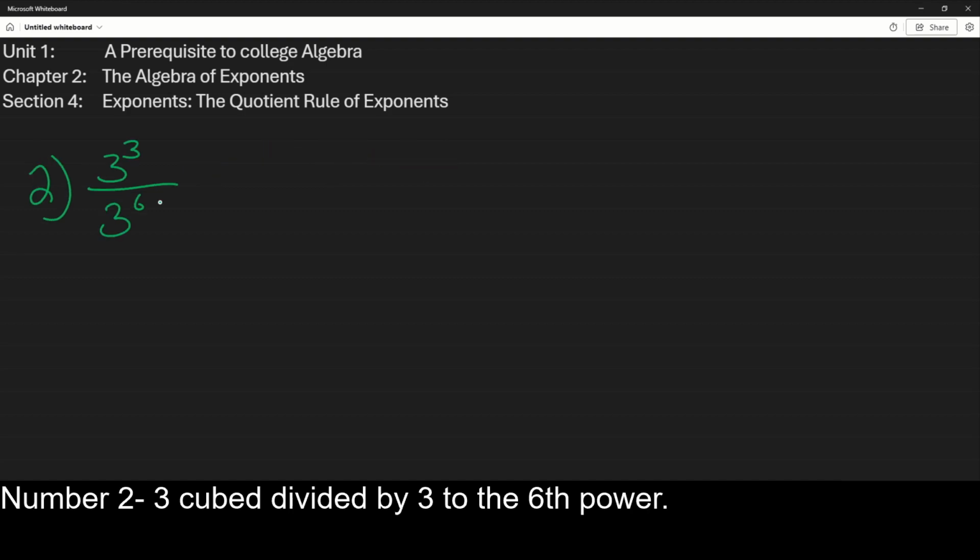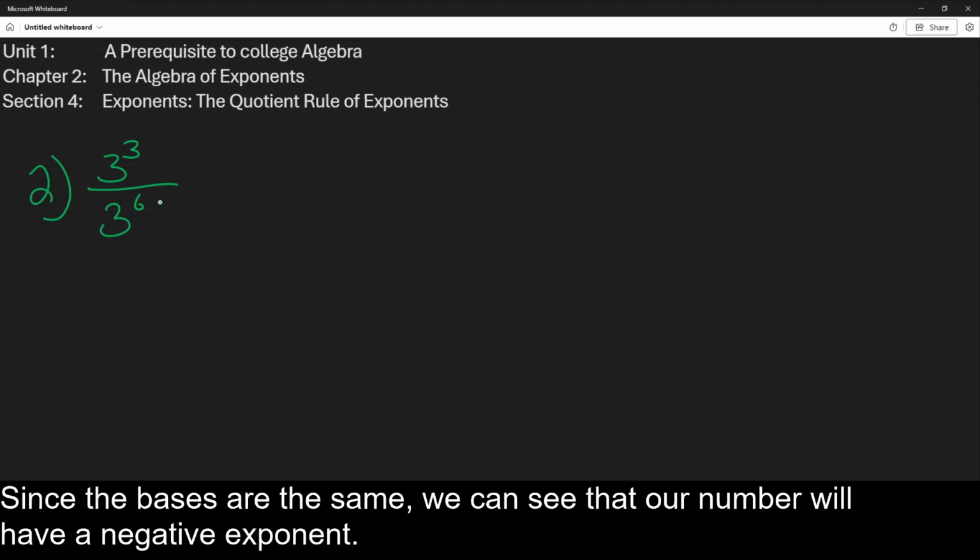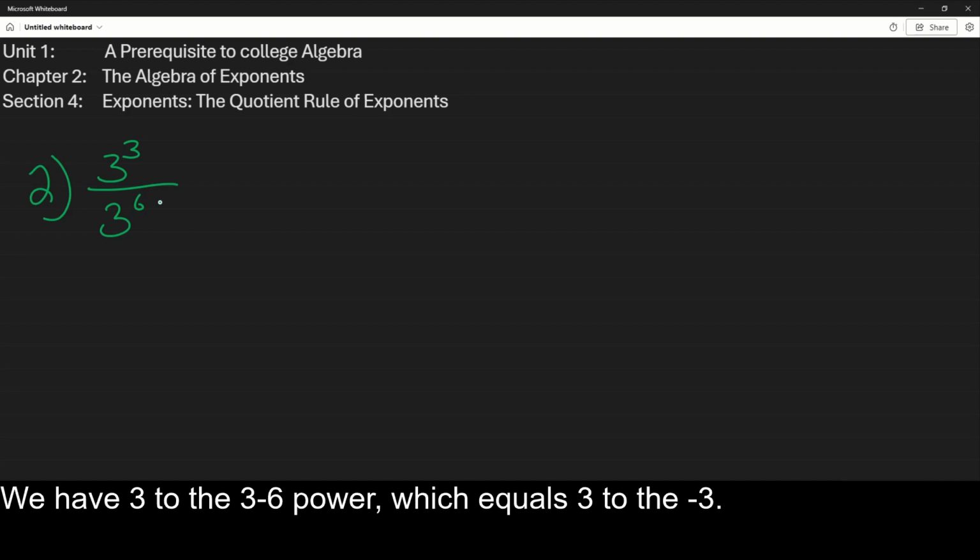Number 2, 3 cubed divided by 3 to the 6th power. In this example, we have a rational expression with a larger exponent in the denominator. Since the bases are the same, we can see that our number will have a negative exponent. We have 3 to the 3 minus 6 power, which equals 3 to the negative 3.